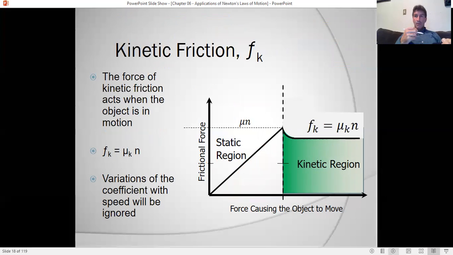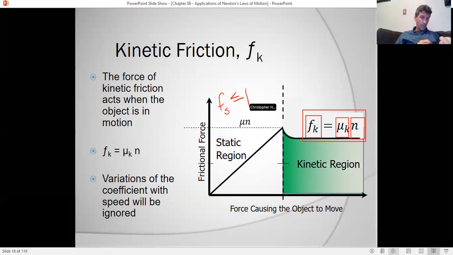Well, now friction just remains at a constant amount. We say that the kinetic friction is equal to the coefficient of friction times the normal force. Whereas before, when we're calculating friction, the static friction was less than or equal to mu s times N.